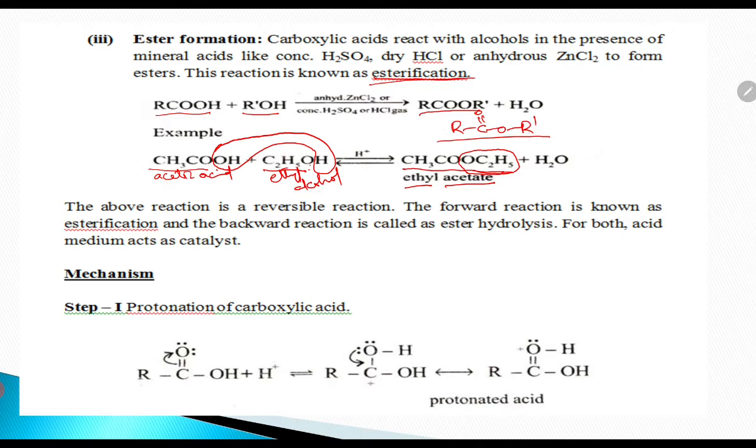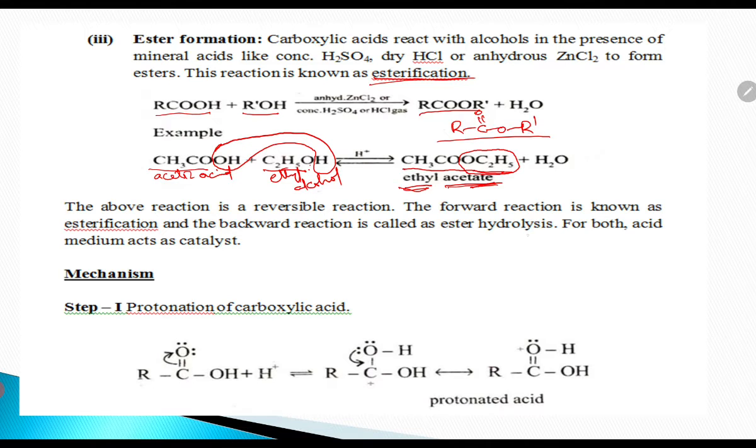That is, the name acetic acid is converted to the 'ate' sound, acetate. The 'ic acid' is converted to 'ate' in esters, and the substituted alkyl group is written as the prefix, that is, ethyl acetate. The above reaction is a reversible reaction.